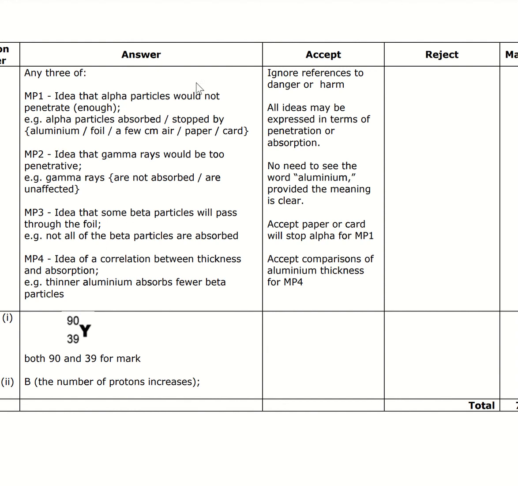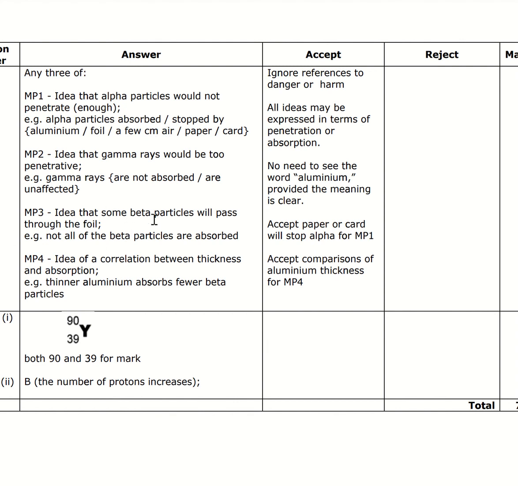So alpha rays would not be able to get through, and gamma rays would penetrate too much and would not be absorbed by the foil, and alpha would be stopped.